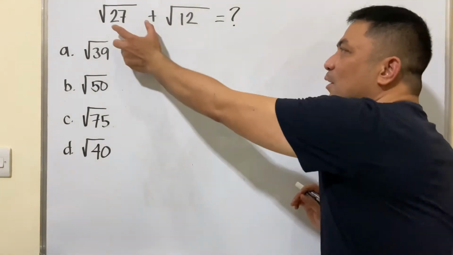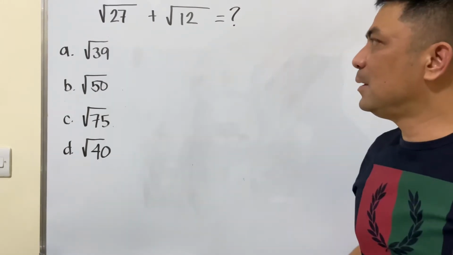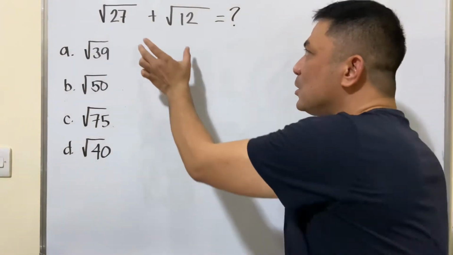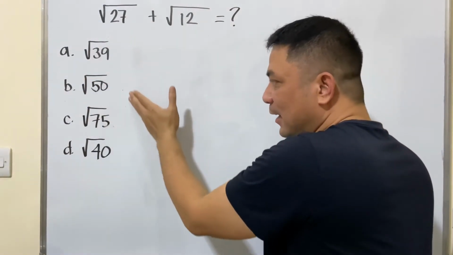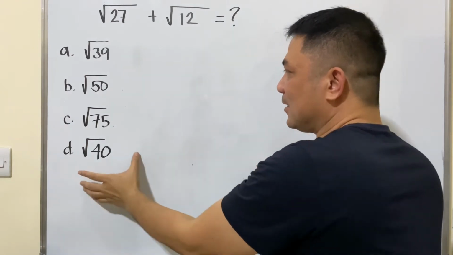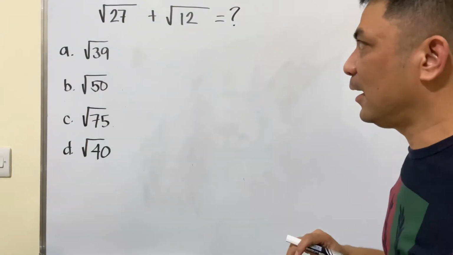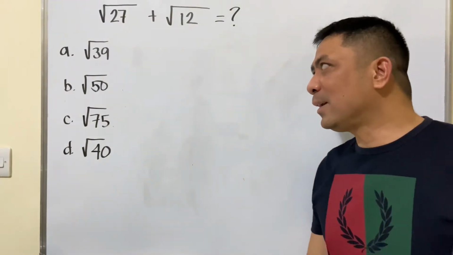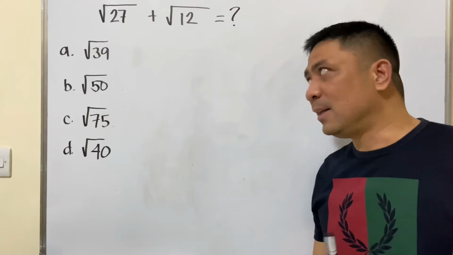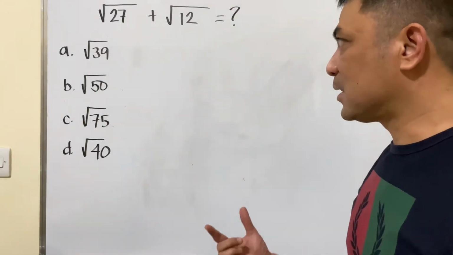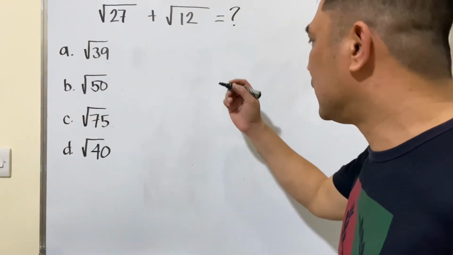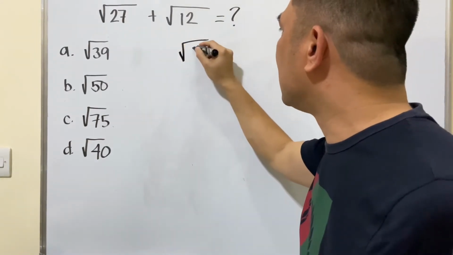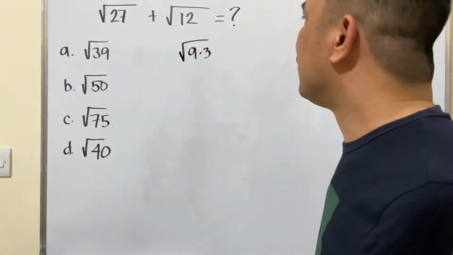Again, now you have the square root of 27 plus the square root of 12. What shall we do in order to add these two radicals in such a way that we can represent them as one radical? As you can see, what are the factors of 27? You have 9 and 3. 9 is a perfect square, and 3 is a prime number. So we can rewrite 27 as 9 multiplied by 3.